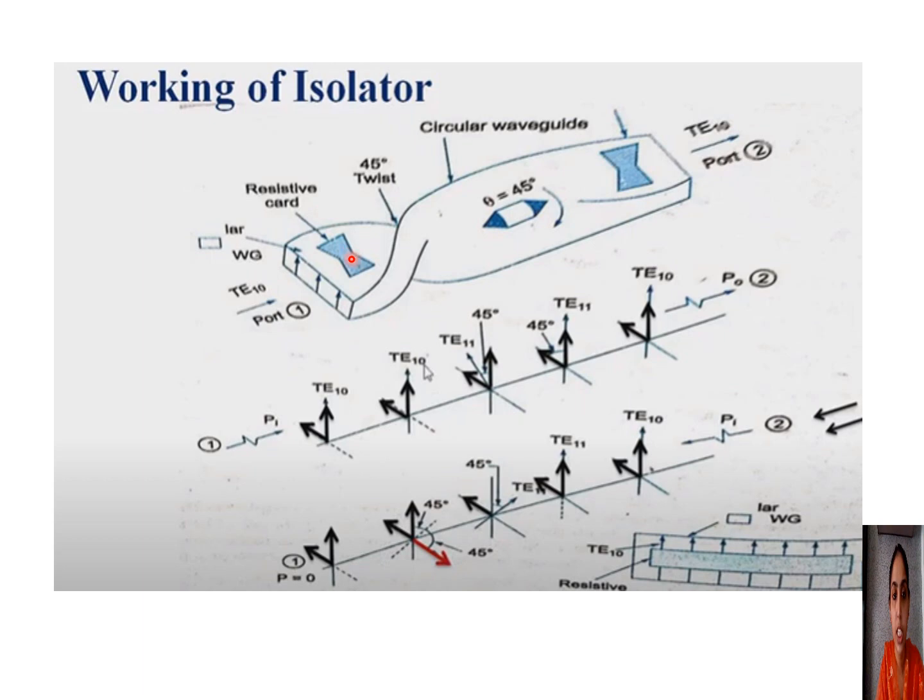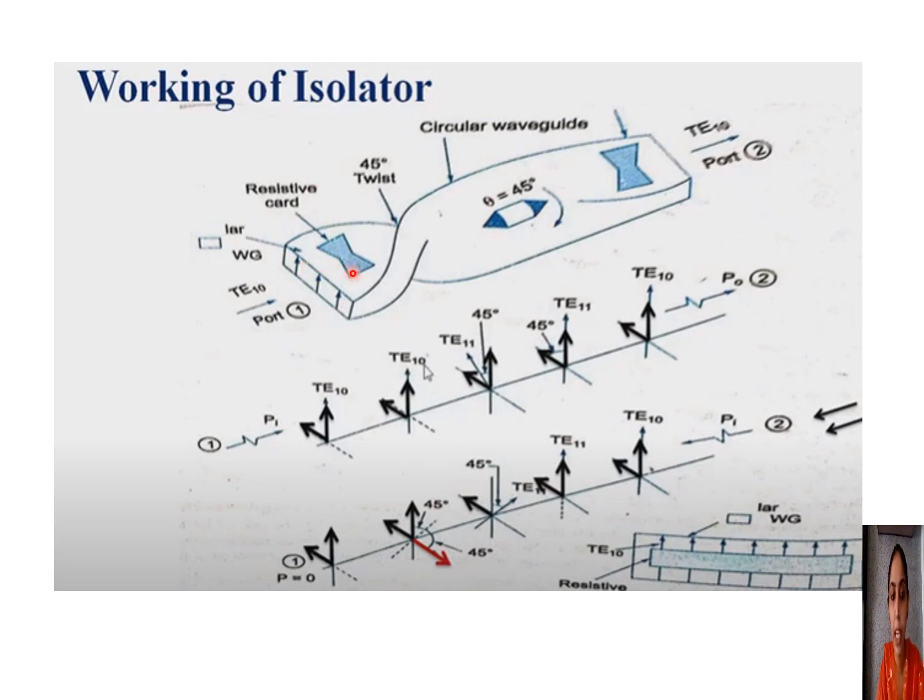Here we are using two resistive cards, placed in the larger dimension of the waveguide. It is a property of the resistive card to absorb any wave whose plane of polarization is parallel to the plane of the resistive card.